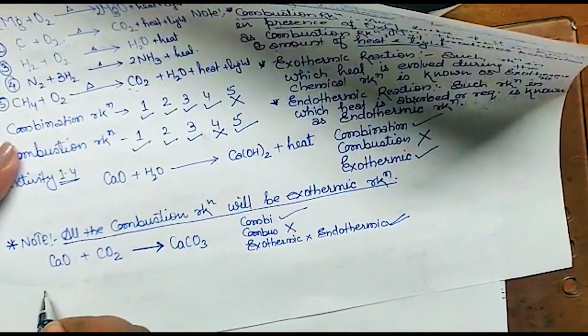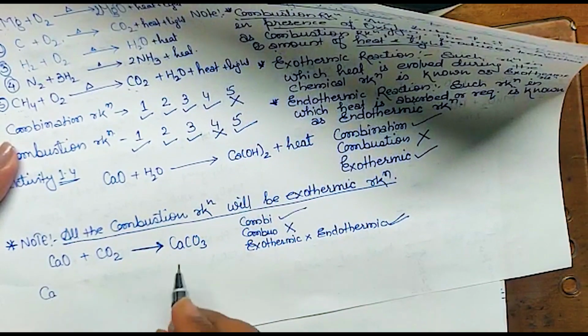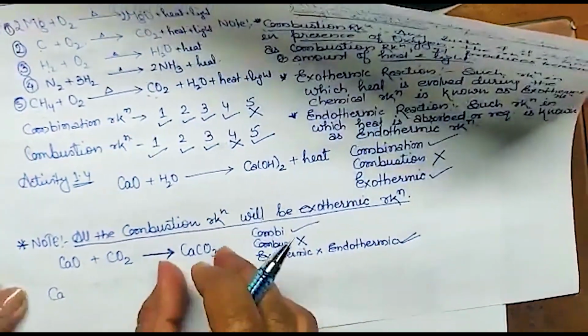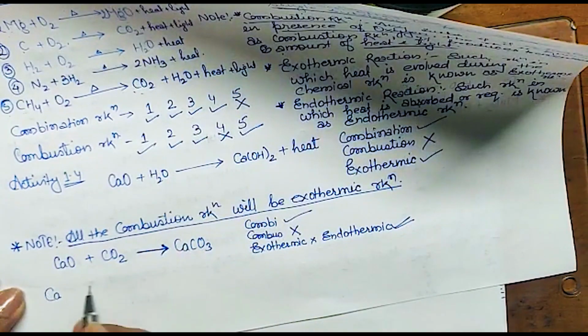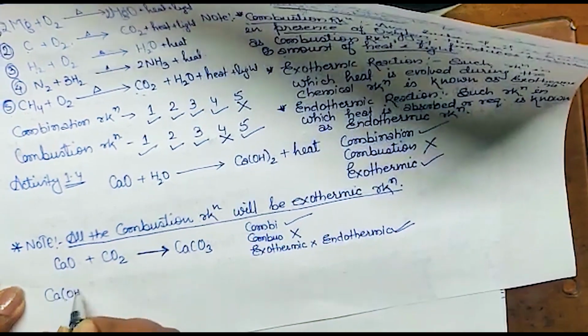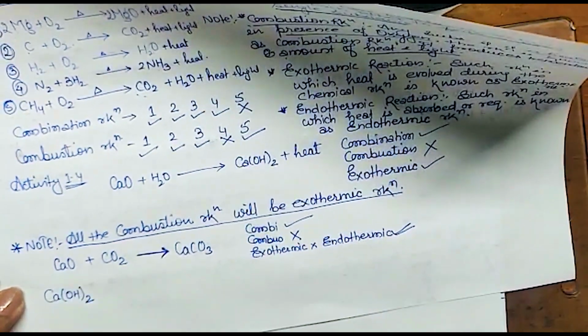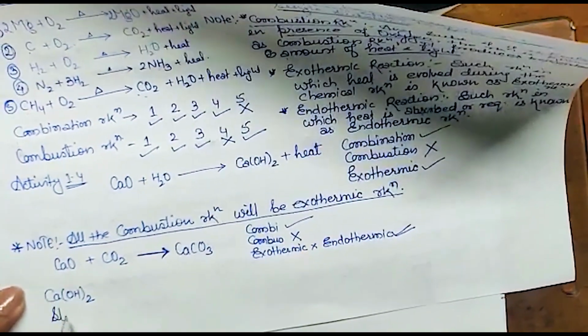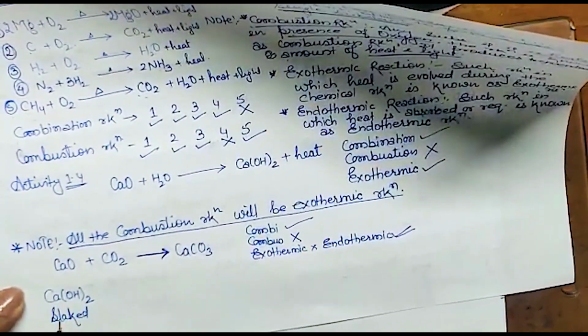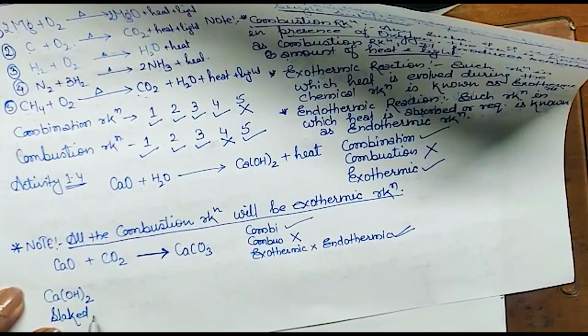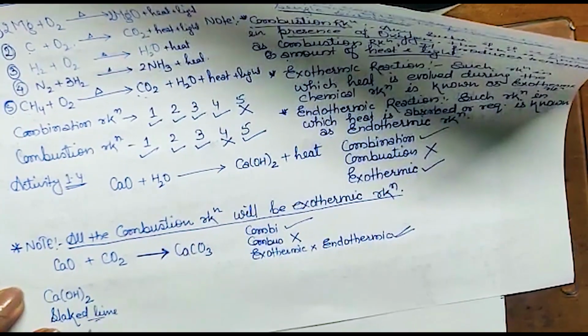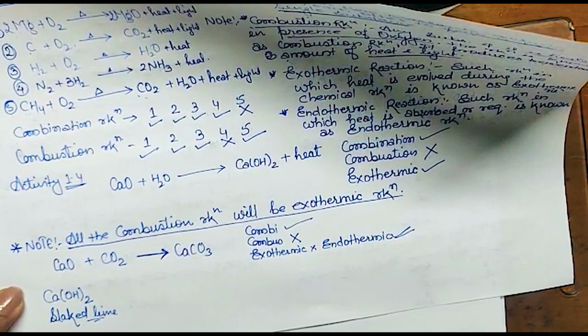It says how it forms. Another way is also there. Calcium hydroxide, Ca(OH)2, okay, this is slaked lime. Slaked lime is used for whitewashing.